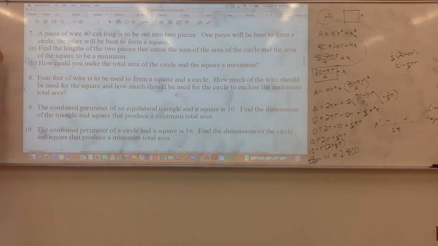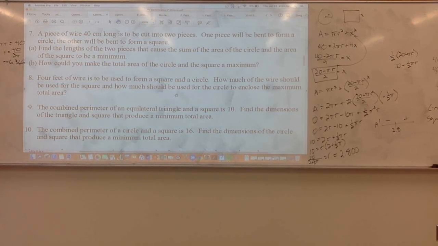So first, if I want to test the circle, I would say 2 pi r equals 40. Divide by 2 pi. So what's 40 divided by 2 pi? 20 over pi. 6.366.